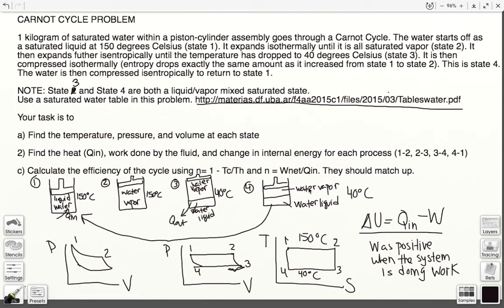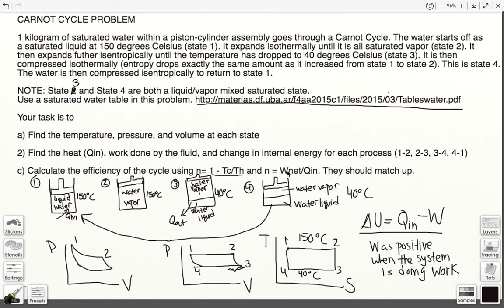And then part C is calculating the efficiency of the cycle using 1 minus Tc over Th. So this part is pretty straightforward as you've been given Tc and Th. In a past video, the definition of efficiency is the net work for the cycle over the Qin that was put into the system at state 1.